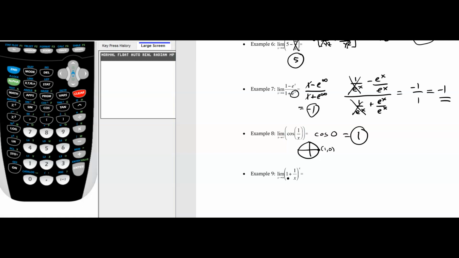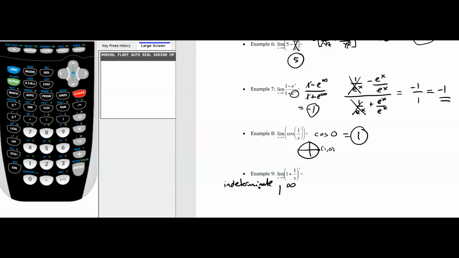Okay, so this very last one is just a special case problem. And I put this on here because a lot of students would look at this and do some sort of direct substitution. And if you did, you might see that you have 1 plus what's essentially 0 raised to the infinity. And that right there is another one of those indeterminate forms.